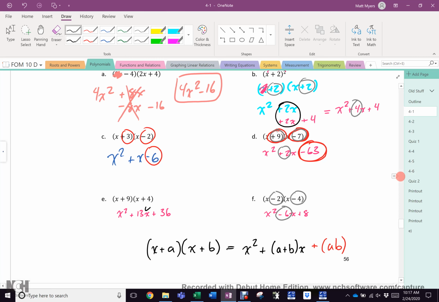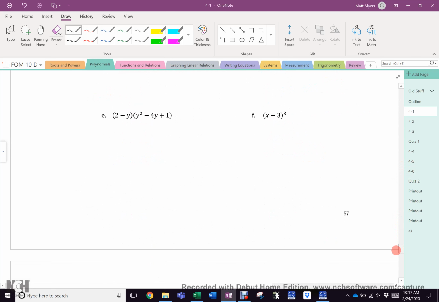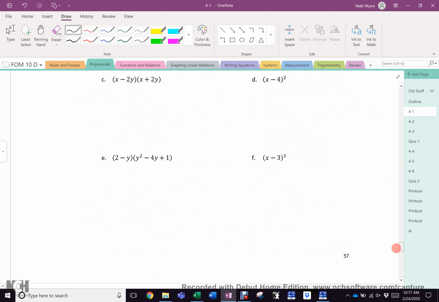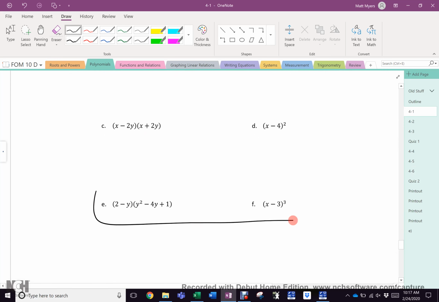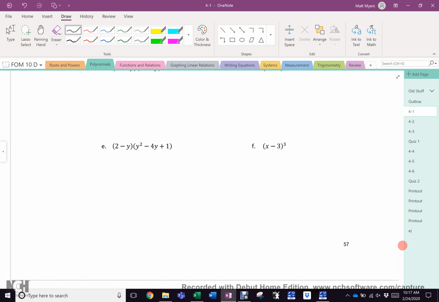No. It is 10:17. You should be able to get this page done. You're going to have trouble with E and F, but you shouldn't. I think you should be able to have that done by 10:35, and then we can go over it. That's 18 minutes to do 6 questions. Go.